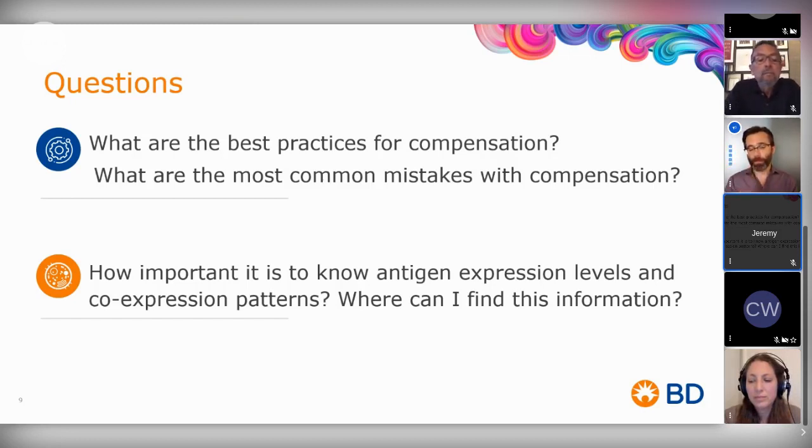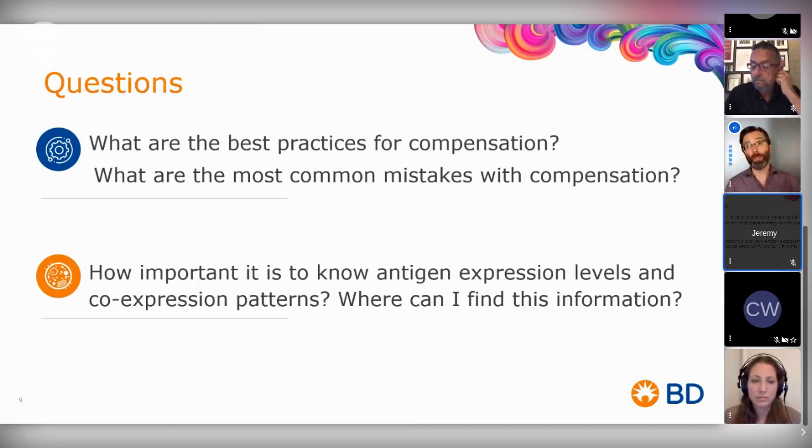Now, this brings me to a question. I don't know if this is going to be addressed later or not, but we can talk more about that, which is the reason why people don't really feel that they need to follow these best practices is because, at the end of the run, you run all your samples and you see that compensation is not correctly calculated. What most people do is they tweak by hand so that the populations match and are nicely in line with the same median.